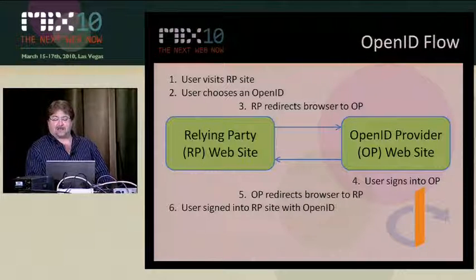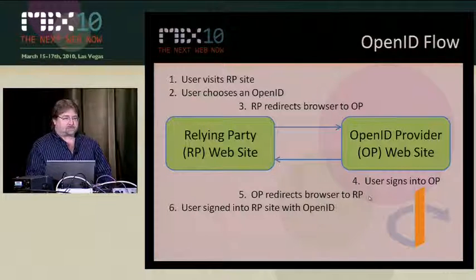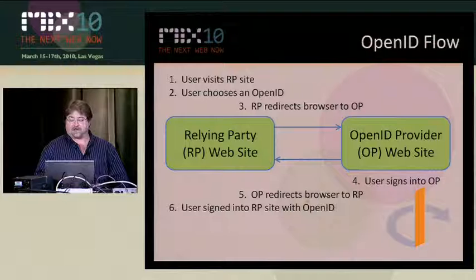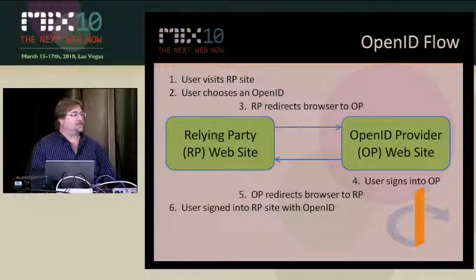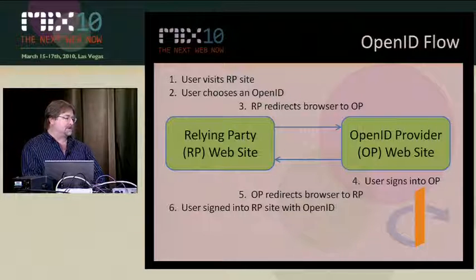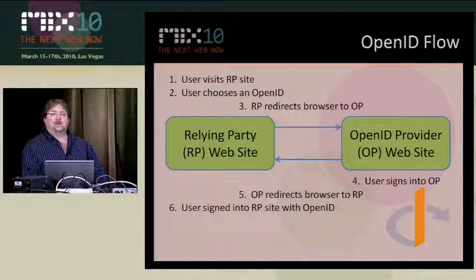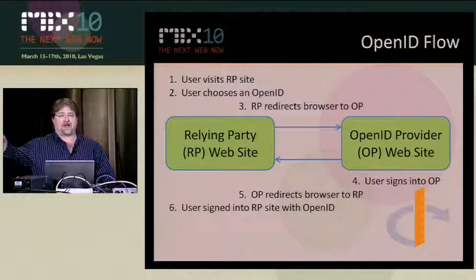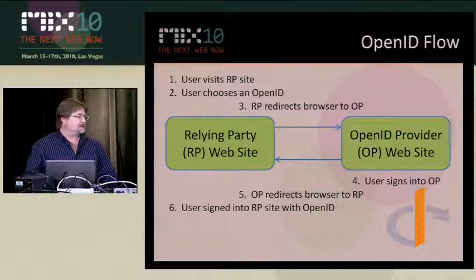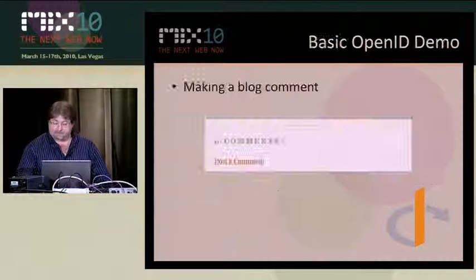You sign in, step 4, to that site. At that point, if you've successfully signed in, the OpenID site redirects you back where you came from with a security token that's signed with credentials proving that you were able to sign in there. And finally, you're signed in, using this OpenID account, an ID I have somewhere else, rather than one more username and password that I happen to have on the native site.